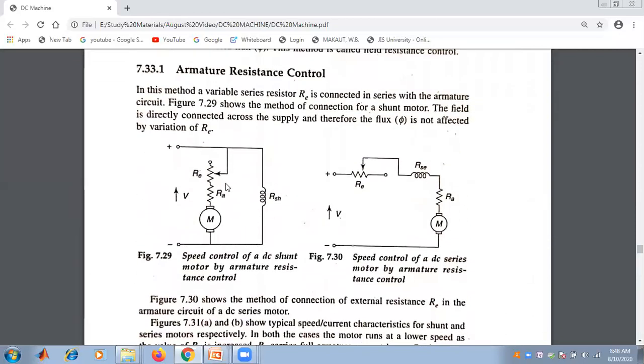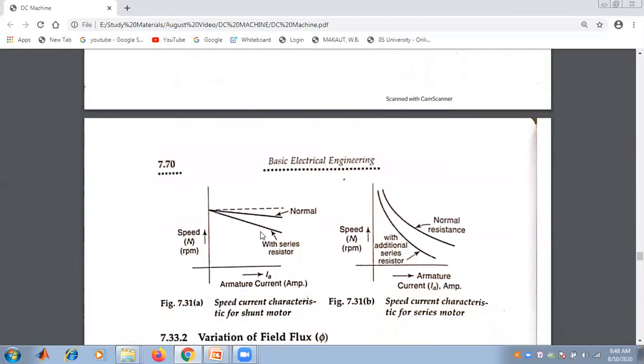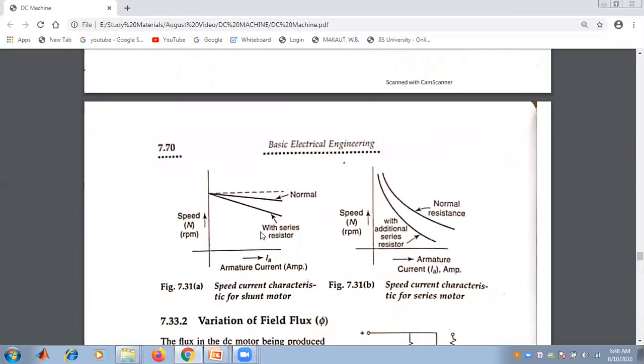If Re is added in series with the armature, it causes the motor to run below the normal speed. This is the speed current characteristics for the shunt motor.